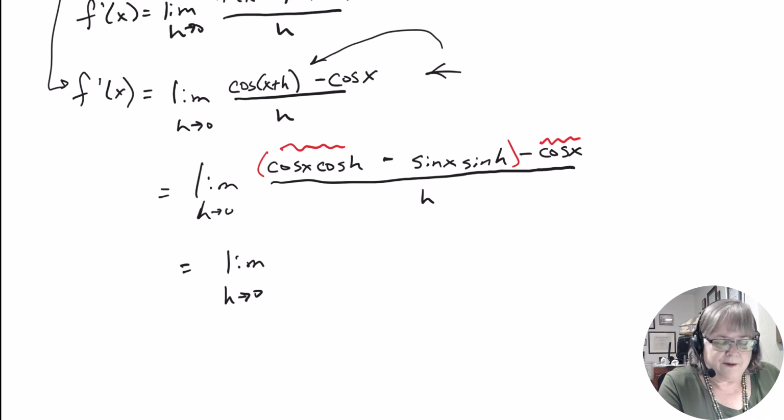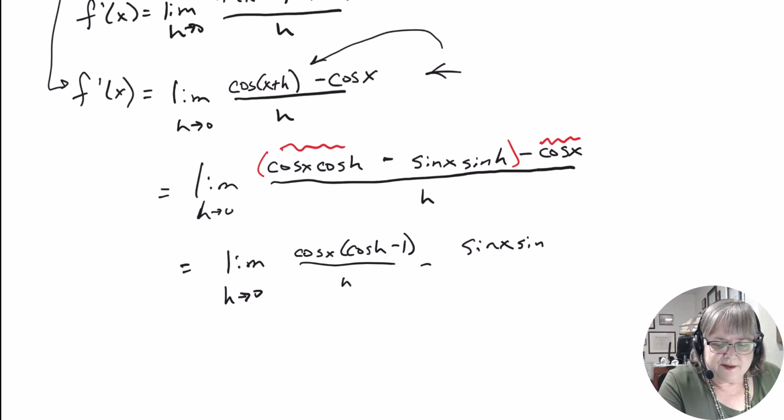Since you've seen something like it a minute ago at the top, we're going to factor as we go. So we have cosine x times cosine of h minus 1 over h, minus sine of x times sine of h over h.